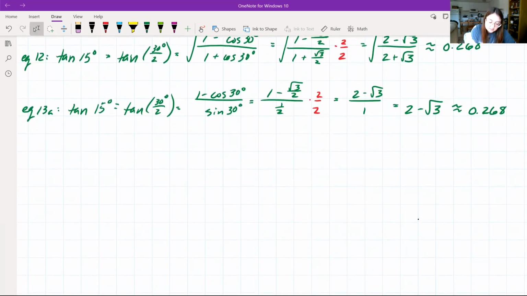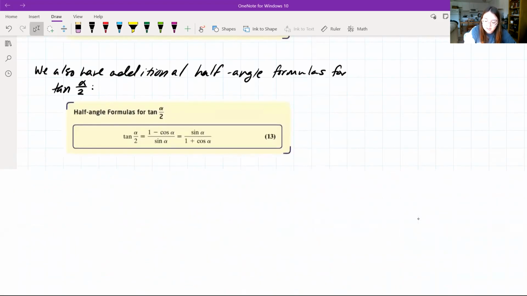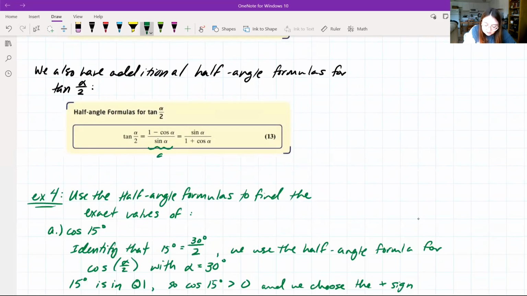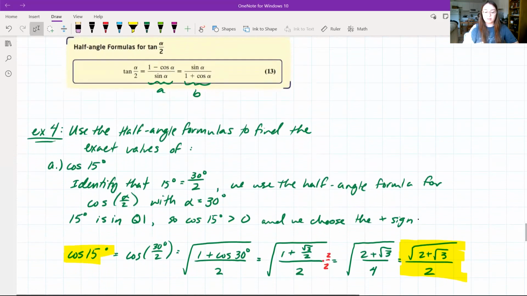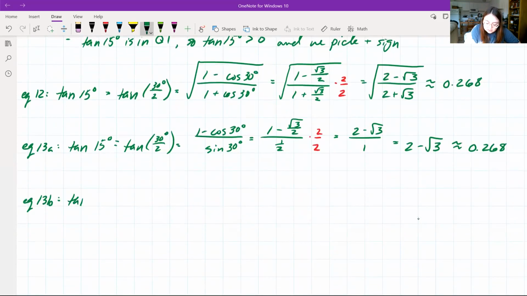And let's do that last one. Let's do equation 13b. So if we look at these equations, we're saying that this is going to be equation A and this is equation B. So equation B is now sine of alpha over 1 plus cosine of alpha. So tangent of 15 degrees is equal to tangent of 30 degrees divided by 2, which is now equal to sine of 30 degrees divided by 1 plus cosine of 30 degrees.